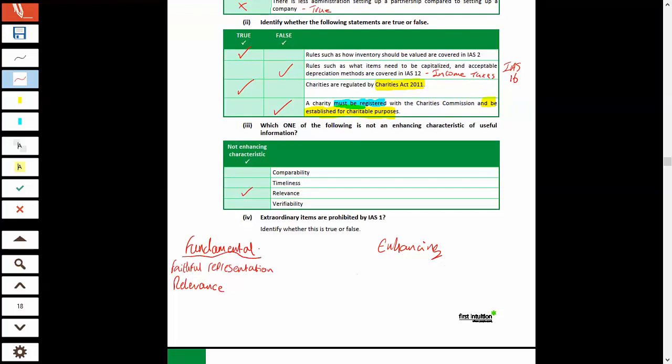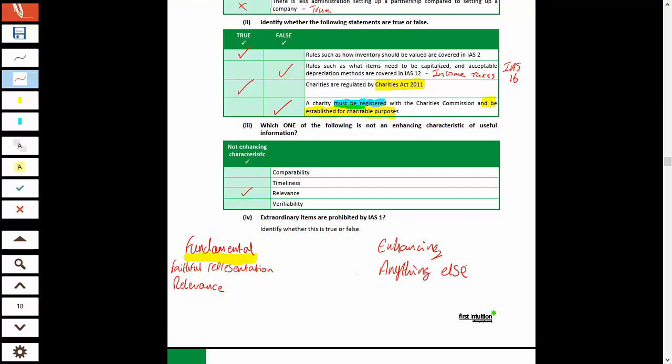So those are our two fundamental characteristics. That is it. There are no more that are going to come up. Enhancing characteristics. Anything else on the list?